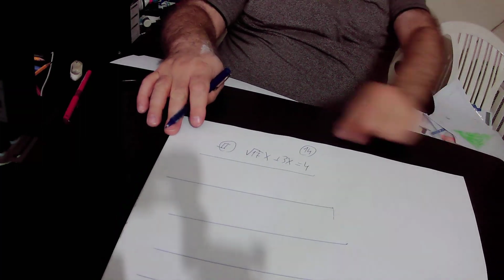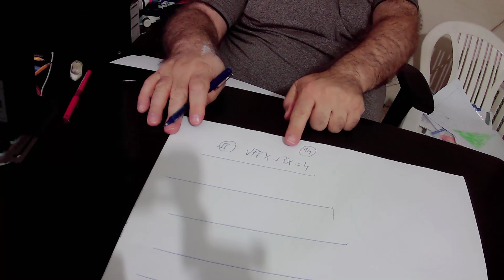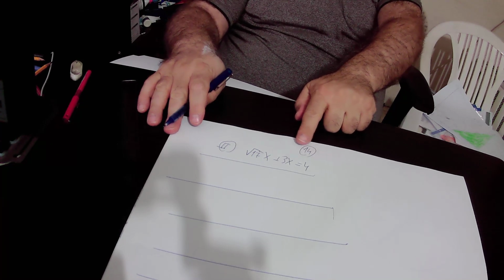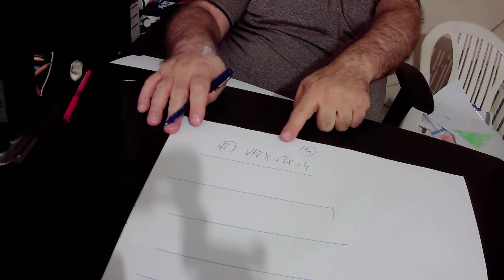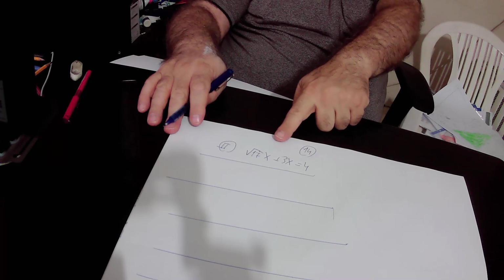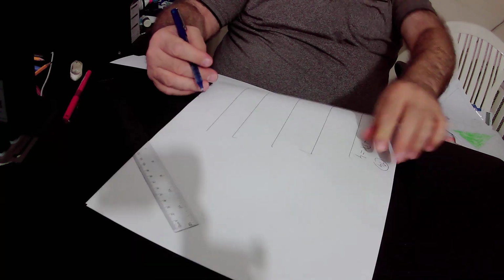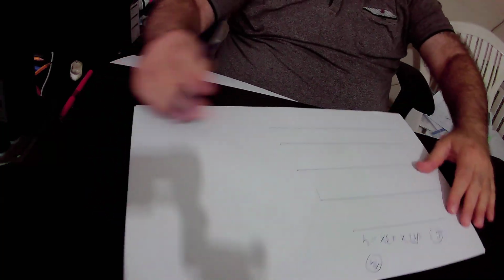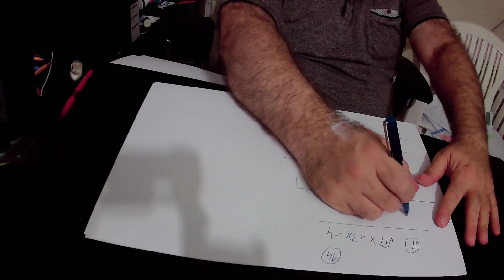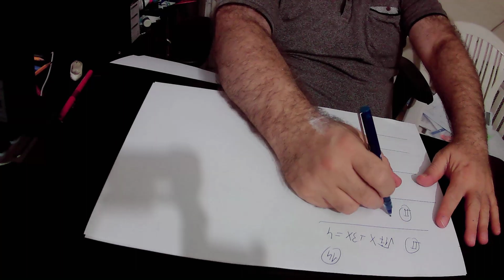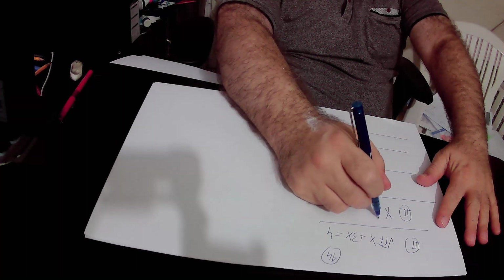So we got that square root of 17 times x plus 3x equals 4. Here we'll take a common factor x out of these expressions. x is a common factor.